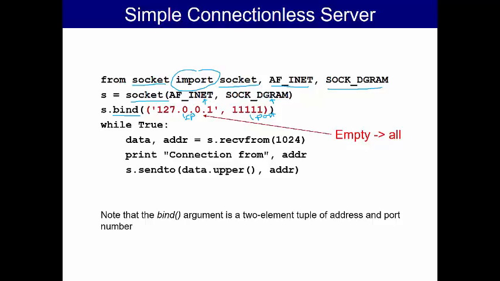The receive-from function returns two pieces of data: the first one is data and the second one is the address. Those are assigned to data and address. That address is used here, and data is used here. Okay.